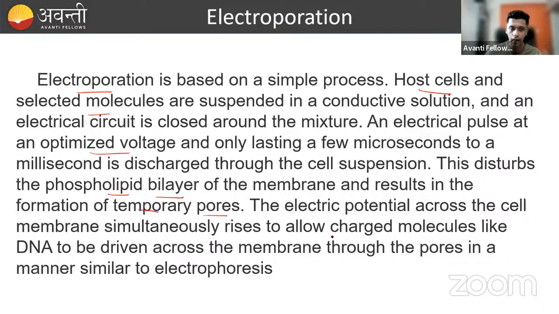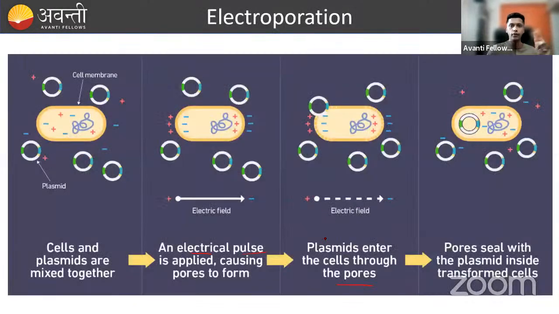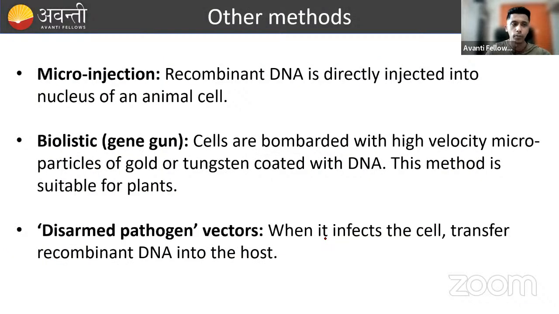And these pores will allow any charged molecules like DNA to drive from outside to the inside of the cells. In this manner, you can move your recombinant plasmid into your host cell, correct? Very easy. So we have two methodologies, and this is called electroporation.